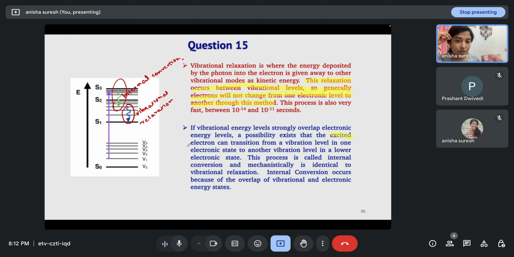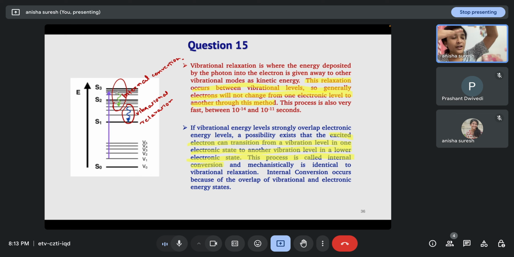Mechanistically it is identical to vibrational relaxation. Both are non-radiative processes. Internal conversion occurs because of the overlap of vibrational and electronic energy states. See, these two electronic states are very close to each other.